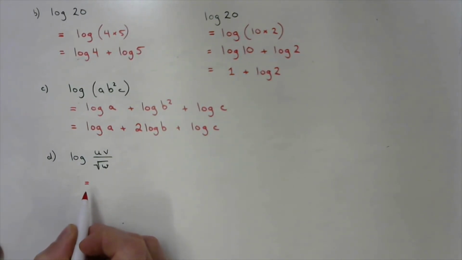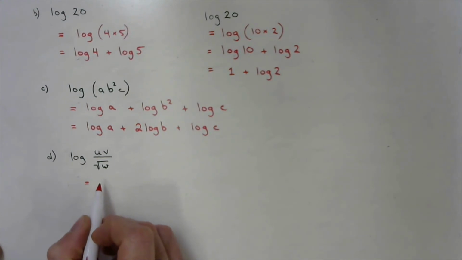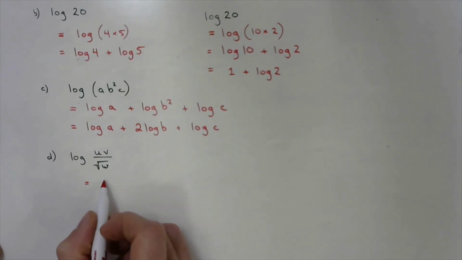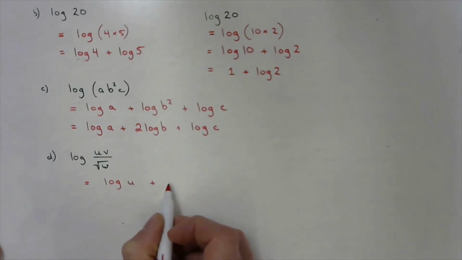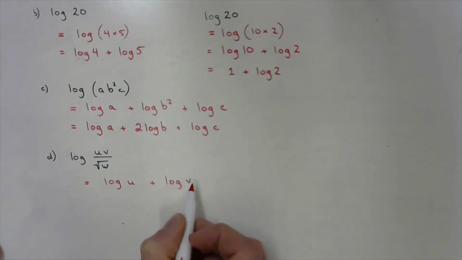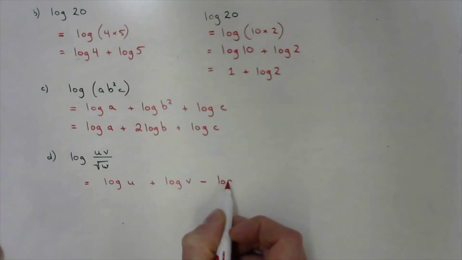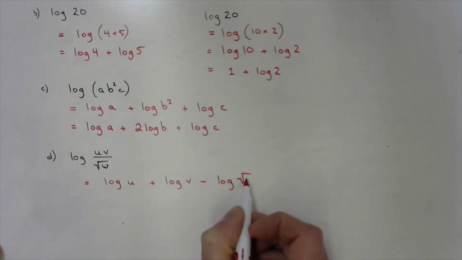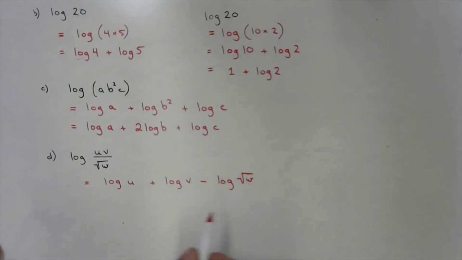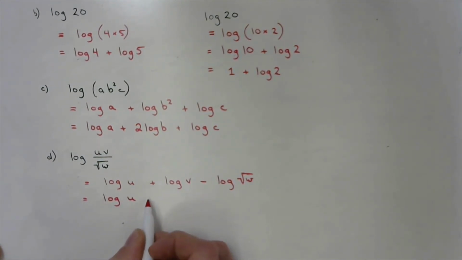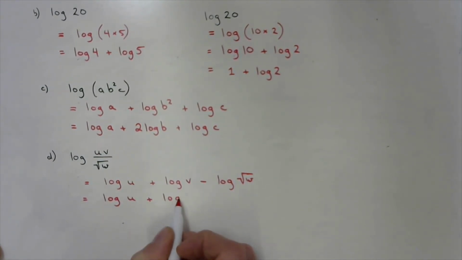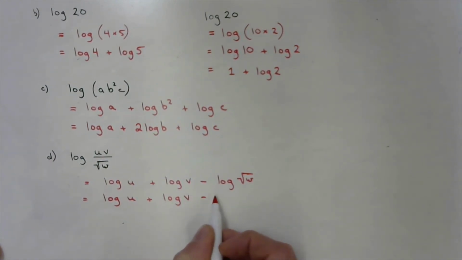The hardest part here is that my u's and v's look exactly the same. This should end up with the log of u plus the log of v minus the log of radical w, or you can do w to the 1/2. So it's a 3-step process that you could probably do in 2 steps or even in 1 step.